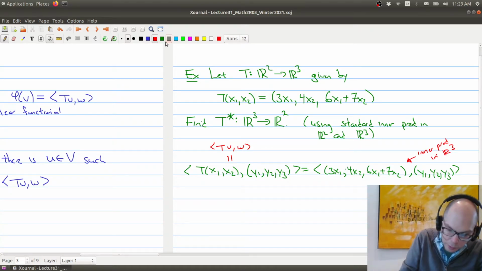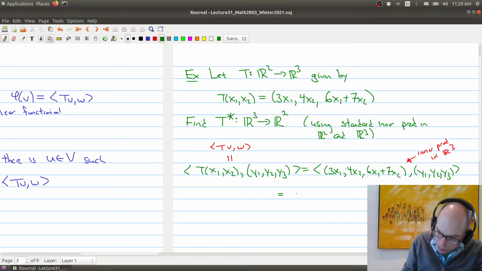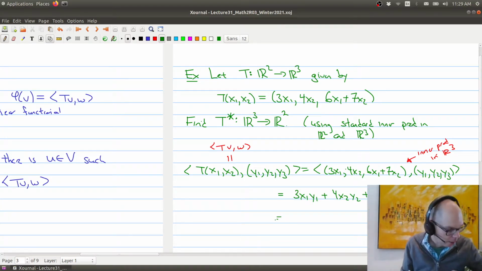So we do the normal inner product. This is equal to 3x1 times y1 plus 4x2 times y2 plus (6x1 + 7x2) times y3. And now notice that there's a different way of regrouping it.